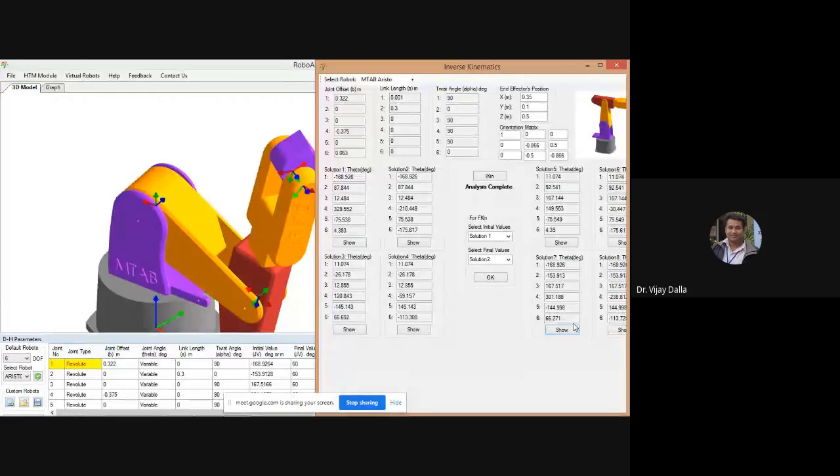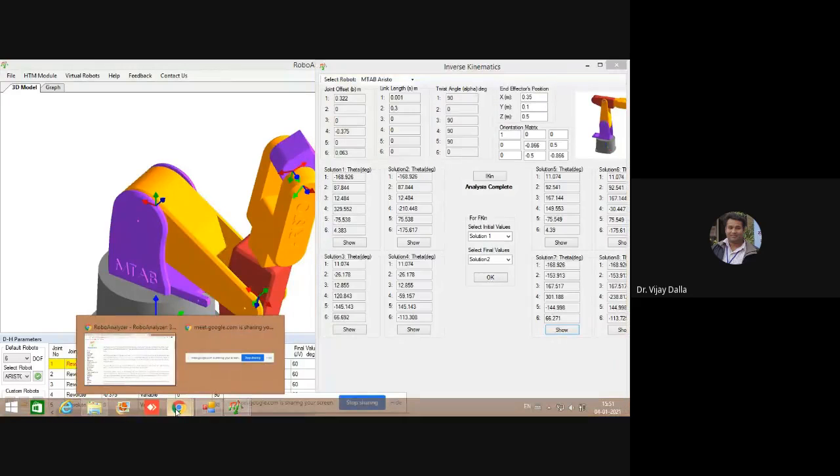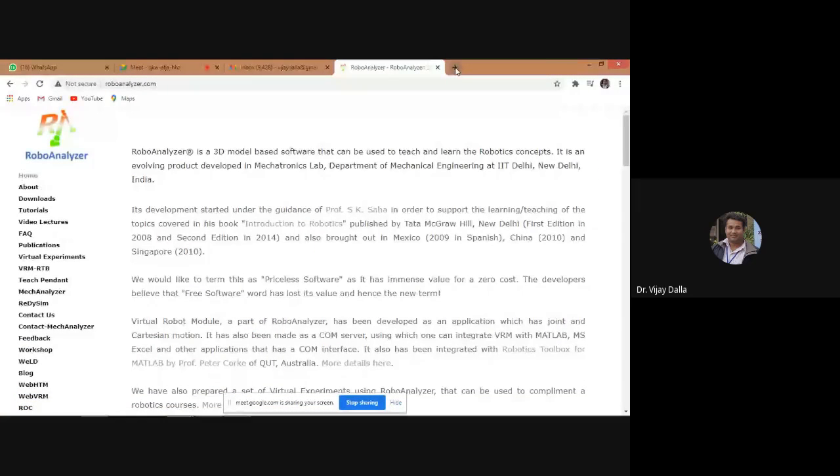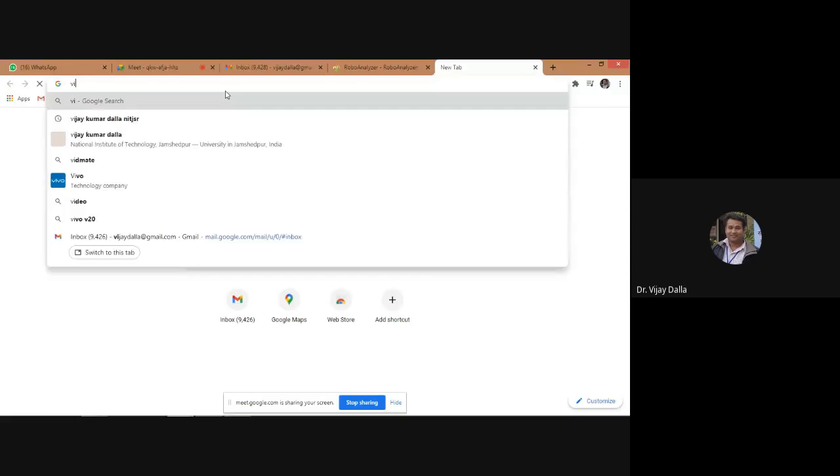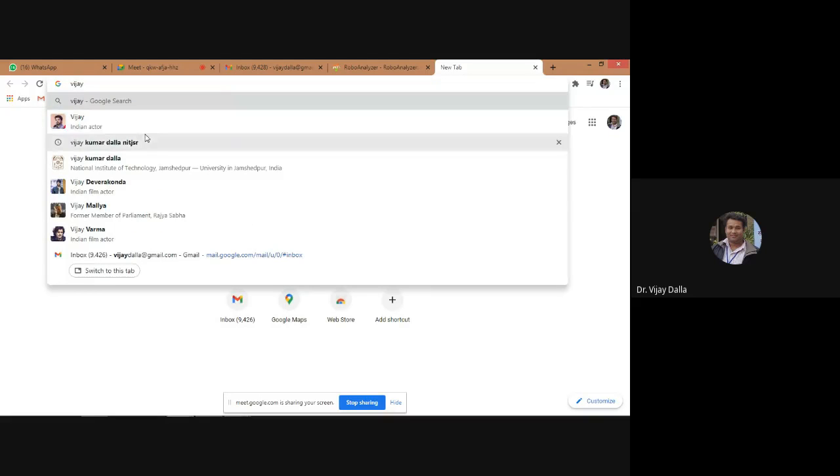That optimization technique may be a genetic algorithm. I have published one paper based on power optimization, which I'm going to show you.